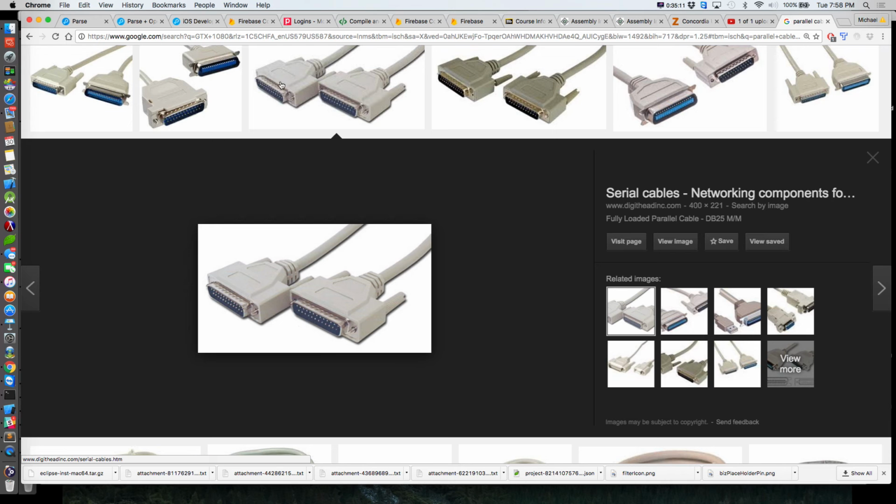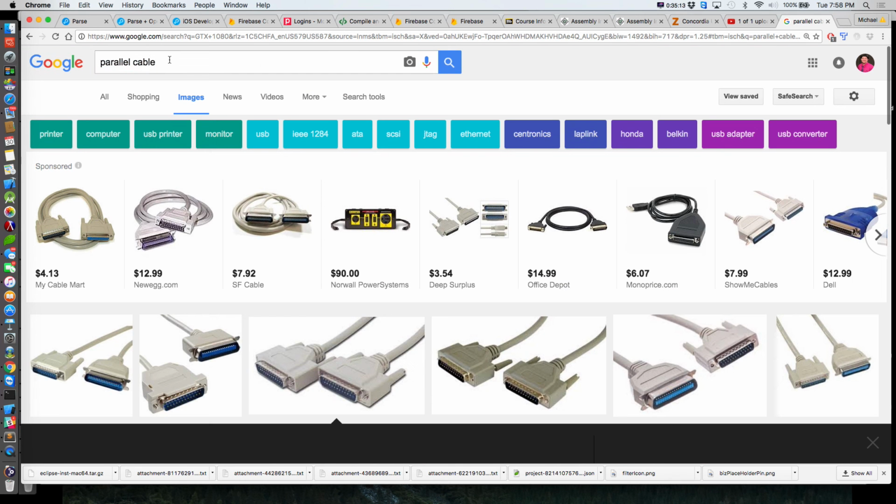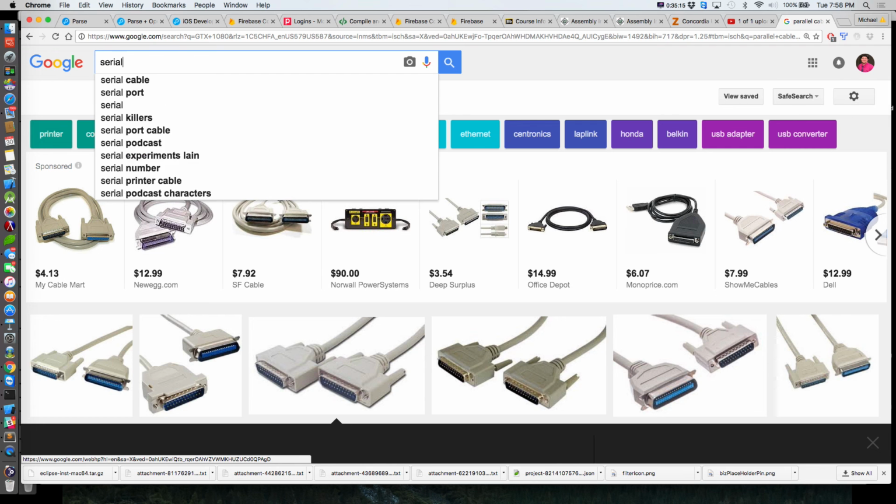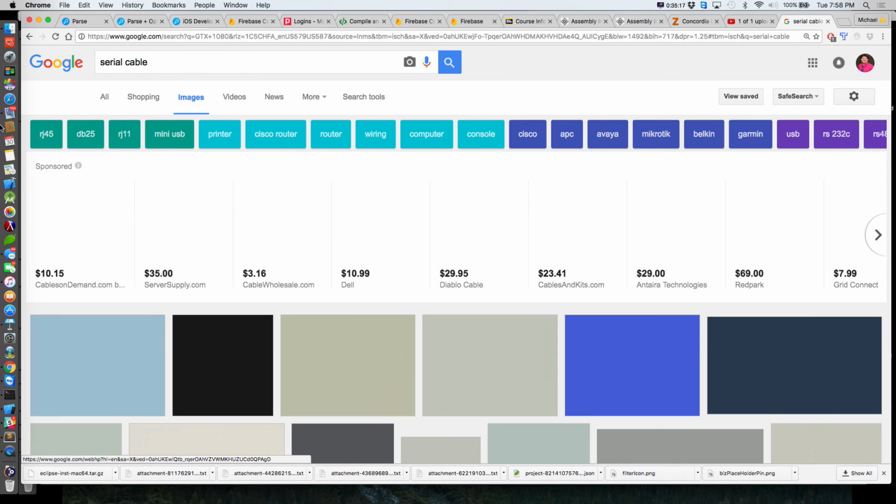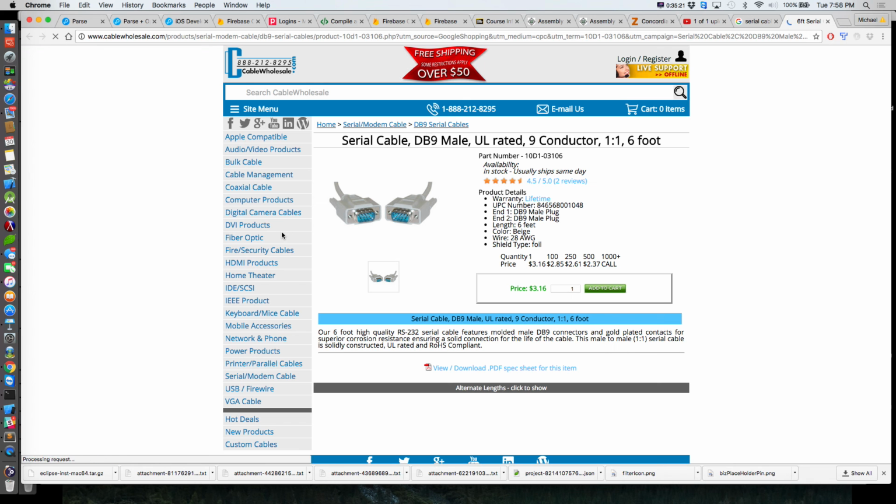What used serial cables? Here, I'll leave it in just to show you they existed. We'll do serial cable so you can see it. So here's a serial cable. No, looks like a monitor. Monitors would be called a VGA cable, but they do look similar.